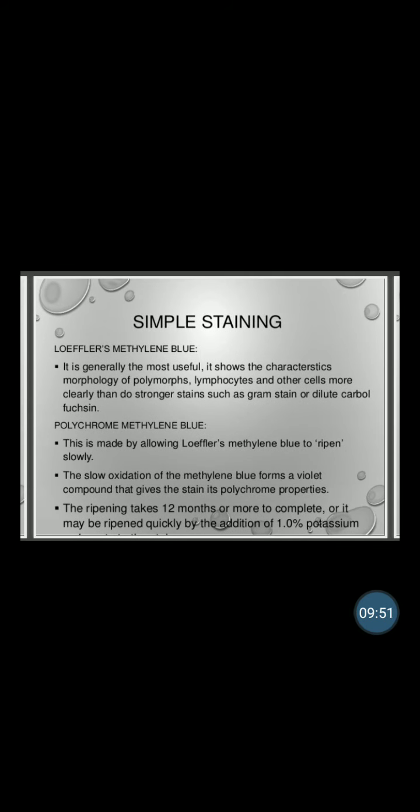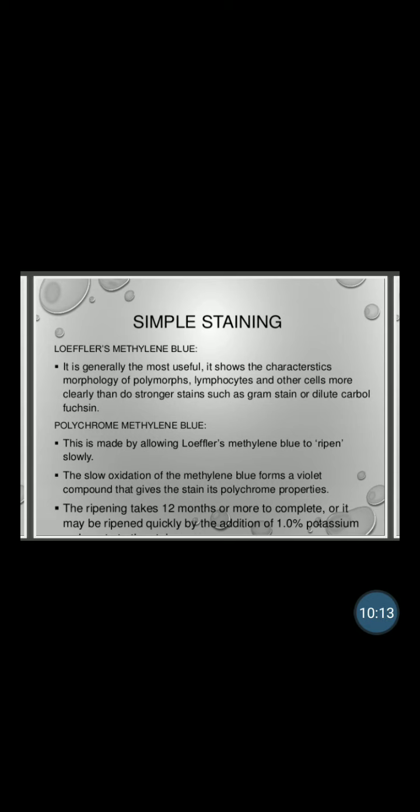Then we will see simple staining. It was also discussed in detail in the last lecture: the introduction, definition, procedure, mechanism and application of simple staining.